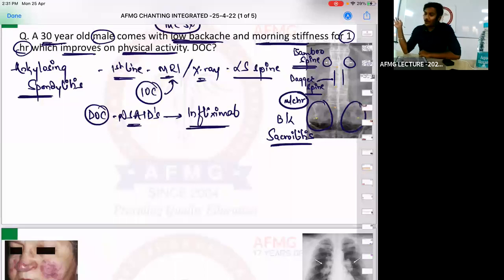Now ankylosing spondylitis, as we know, is an HLA associated disease, and which HLA is positive? HLA B27.